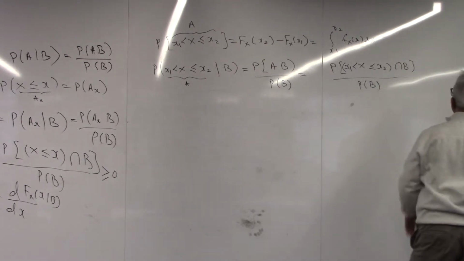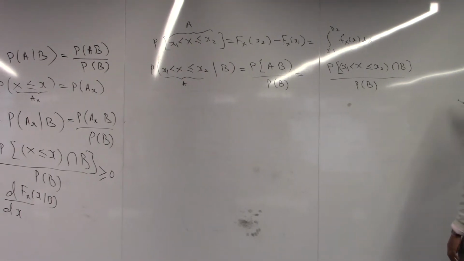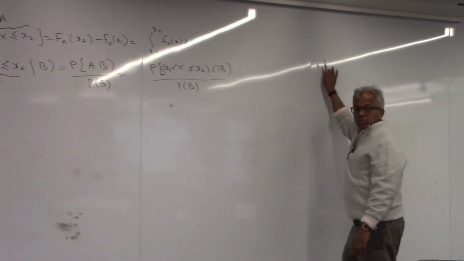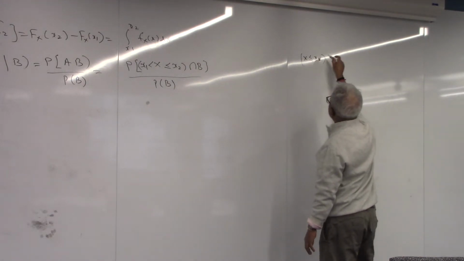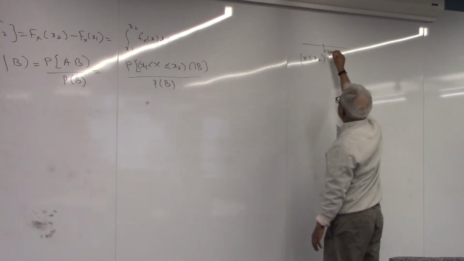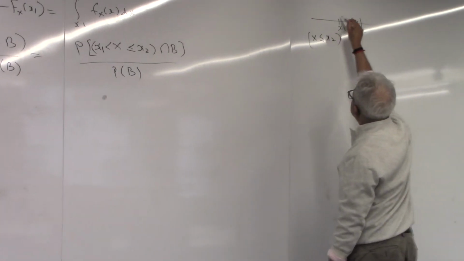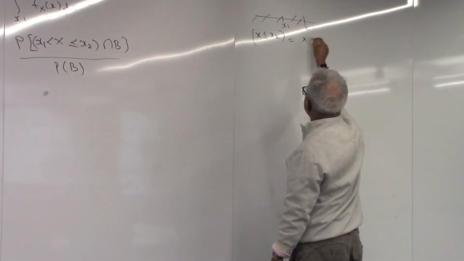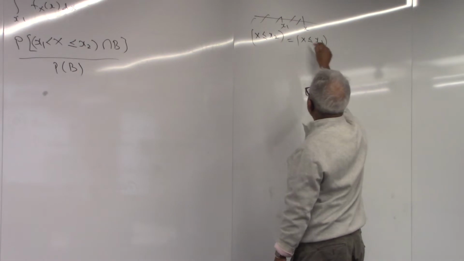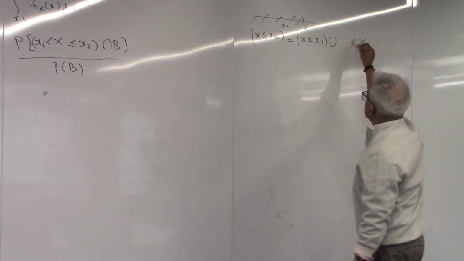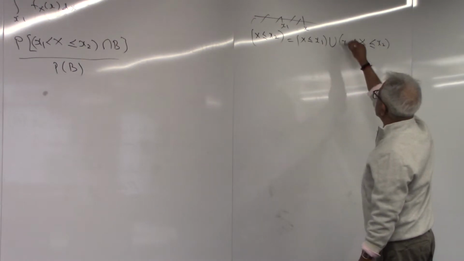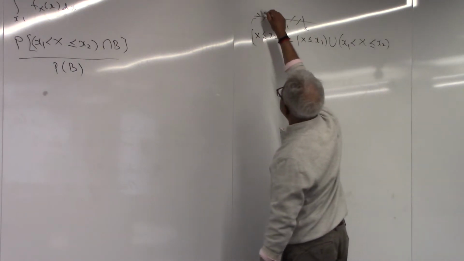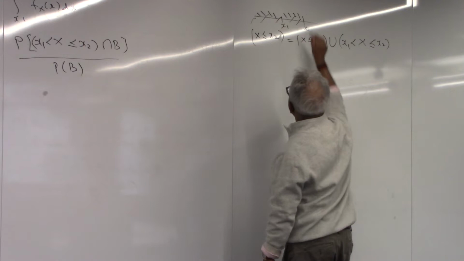But to simplify the numerator, we can look at it this way: X less than or equal to x2. Let's say here is x1, here is x2. So X less than or equal to x2 is, of course, we can write as the disjoint union of this set and this set.